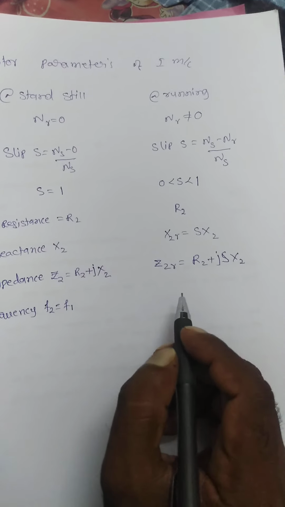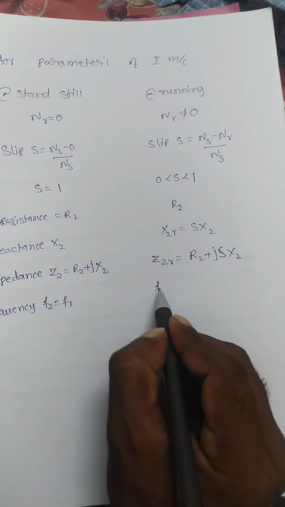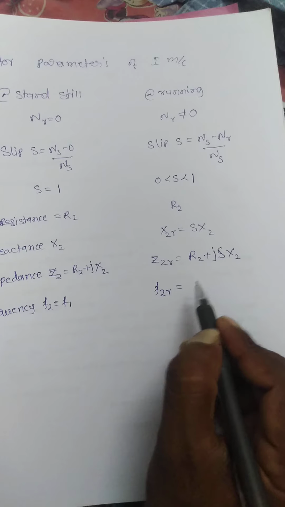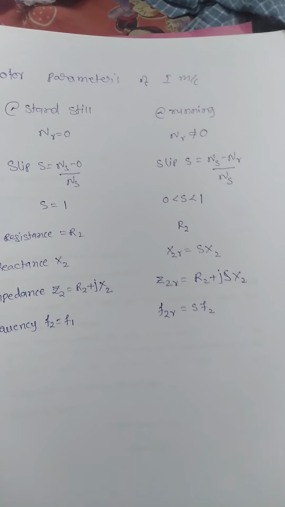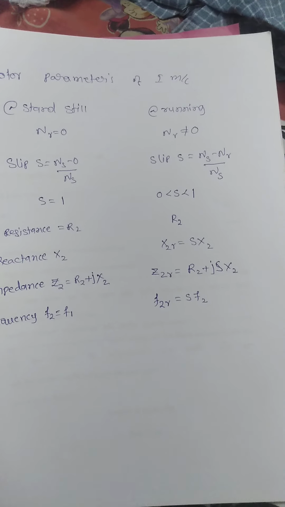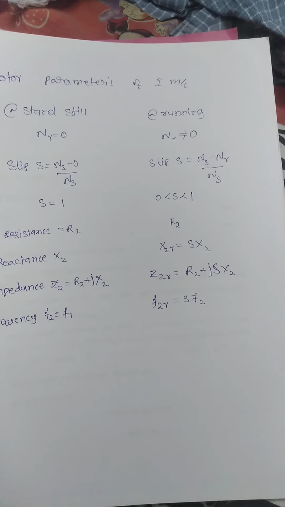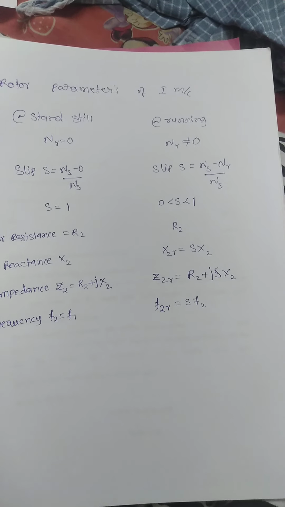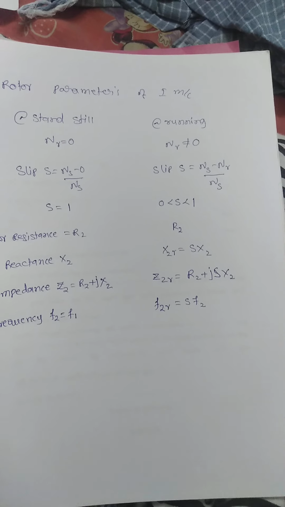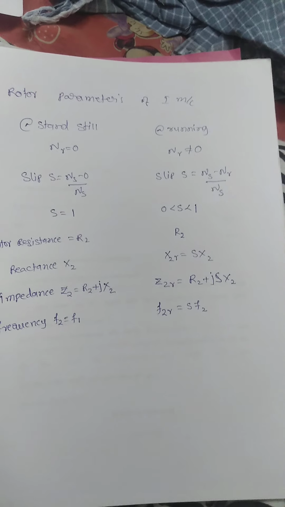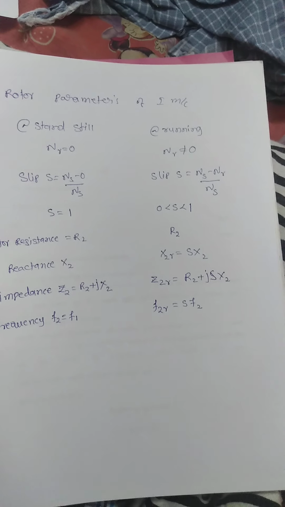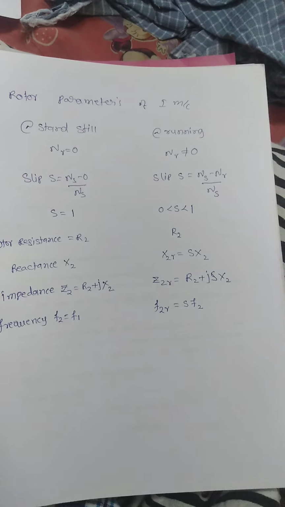But under running condition the rotor frequency is different: f2r equals s f2. Under running condition, the rotor frequency is slip times the stator frequency. Here the frequency varies from standstill condition to running condition. So the induction machine is a variable frequency machine.